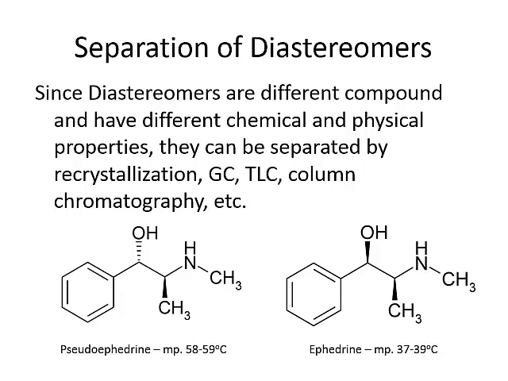Diastereomers, completely different molecules. Different chemical, different physical properties. They can be separated by recrystallization, GC, TLC, column chromatography. They are different molecules. Sometimes two diastereomers have very similar physical properties, but they're not exactly the same.